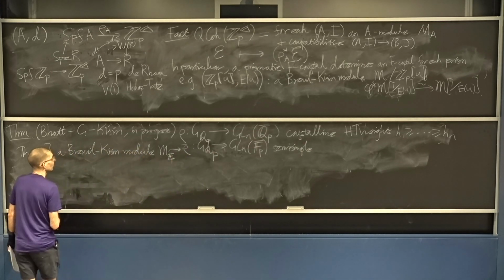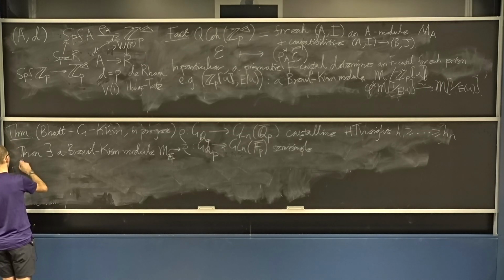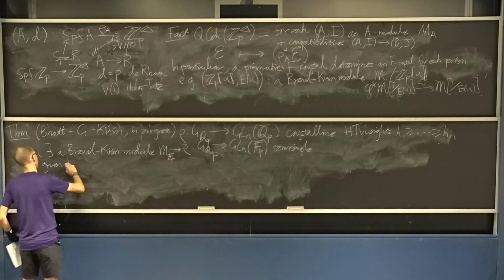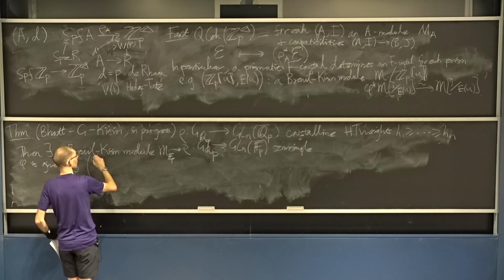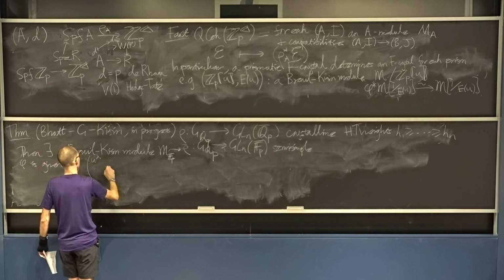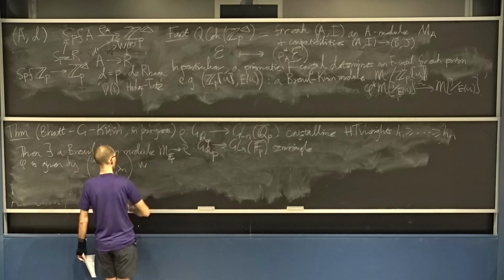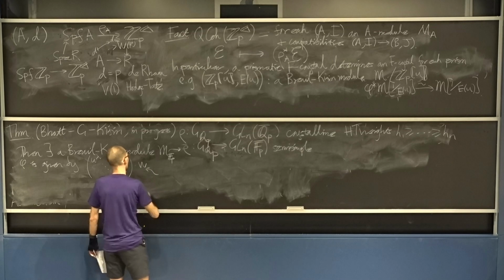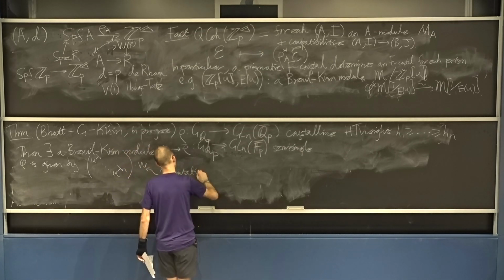And when I choose a basis, I can choose a basis so that this phi is given by a matrix of the form u to the lambda 1, some diagonal matrix, lambda n, times W, where I want to say this is a permutation matrix.